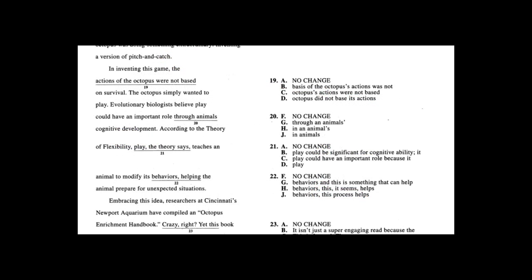Problem number 19, we're going to use the candy list rule. If you look at your answer choices A, B, C, and D, we're going to underline the first word, which is a noun: octopus, octopuses, basis, and actions. And then we're going to see which one of those words is the most relevant. So first thing you want to do is go up here and see what the main subject is. Here it looks like we're dealing with octopus. And then down over here in the next paragraph, it looks like we're talking about octopus. All right, the title also talked about octopus.